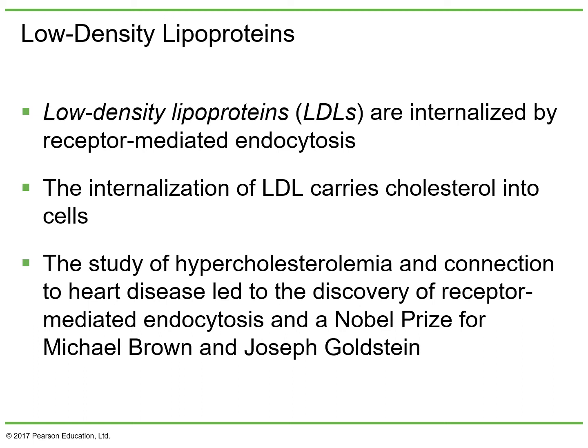An interest in familial hypercholesterolemia, which is a hereditary predisposition to high blood cholesterol levels, and therefore to atherosclerosis and heart disease, led Michael Brown and Joseph Goldstein to the discovery of receptor-mediated endocytosis, for which they both share a Nobel Prize in 1986.